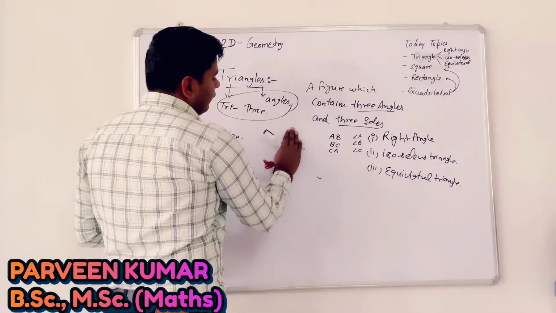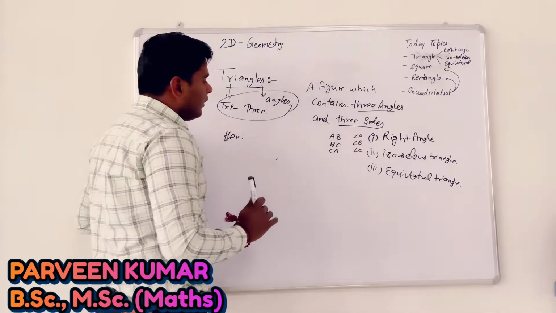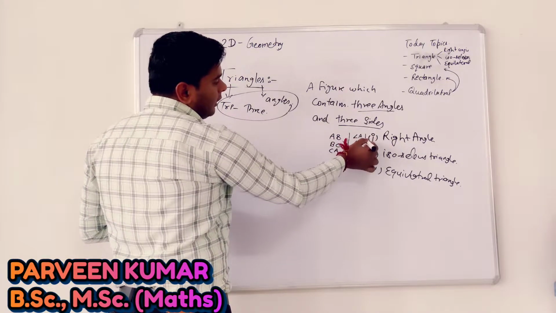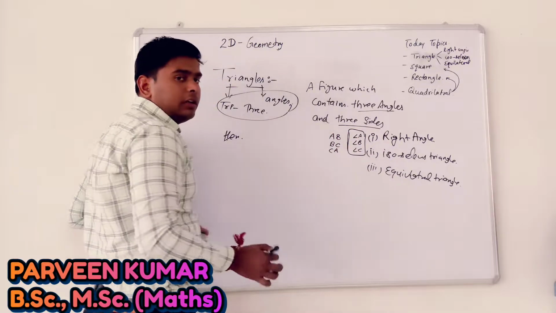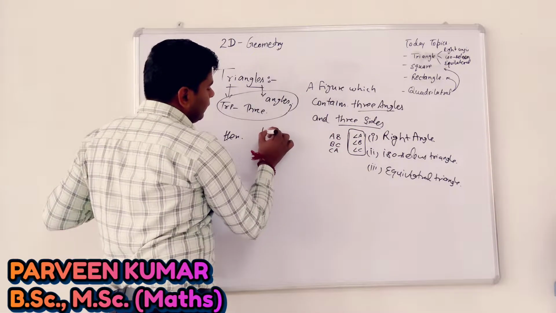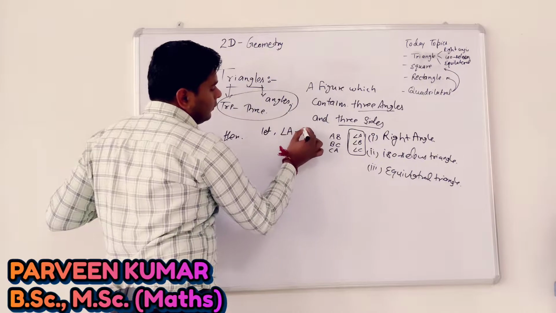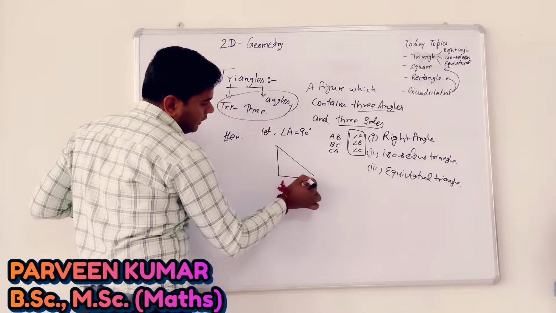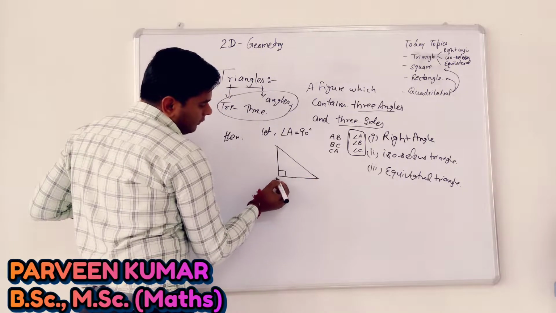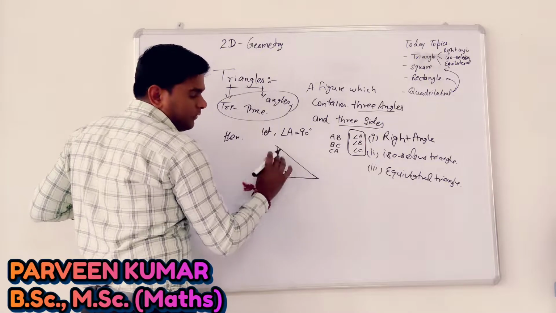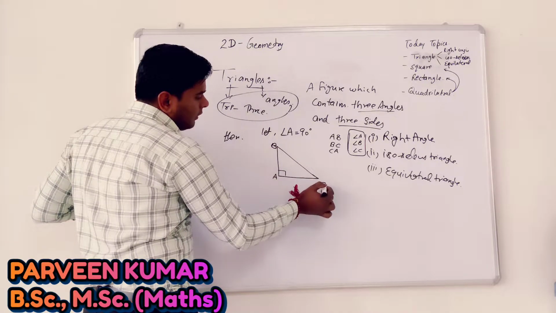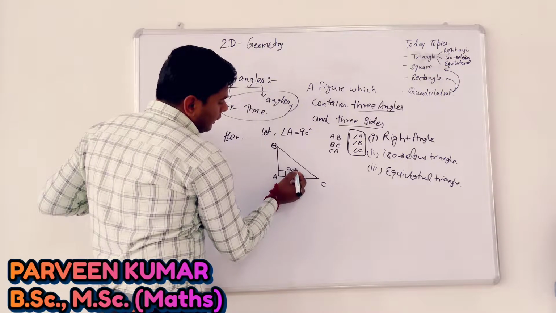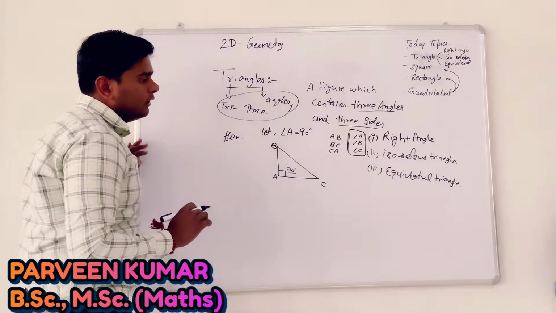A right angle triangle is a triangle in which one angle is 90 degrees. Here there are three angles A, B and C, and one of these angles is 90 degrees. Let angle A be equal to 90 degrees. Because it has a right angle, it is known as a right angle triangle.